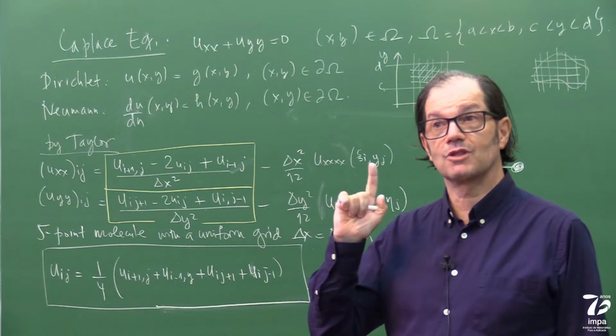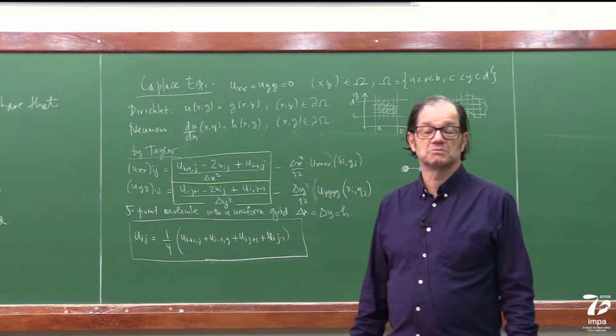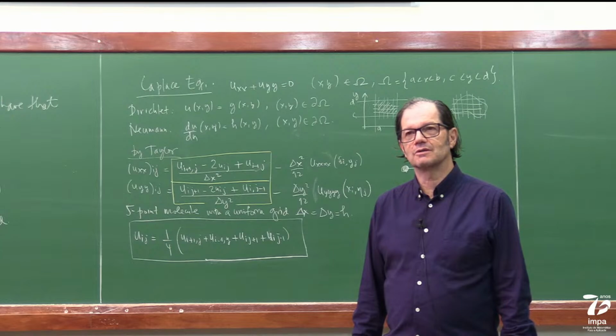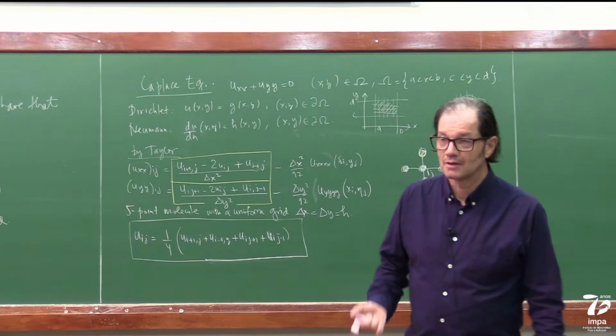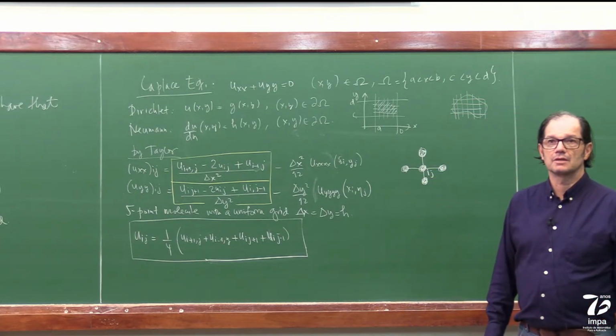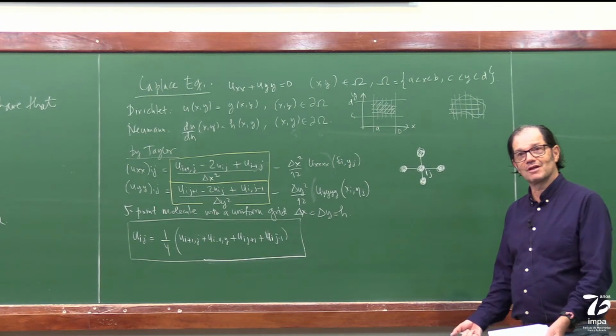This formula, simple, is already cool, is already good. That is very good. Mean value theorem, right? And then it gives us also the maximum principle out of the mean value theorem.